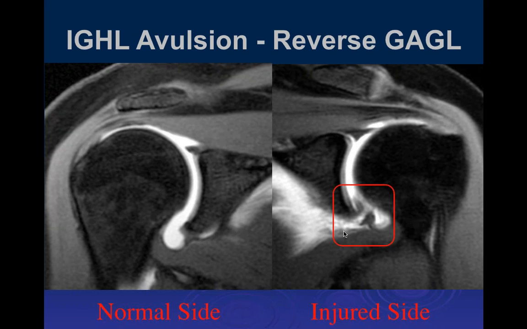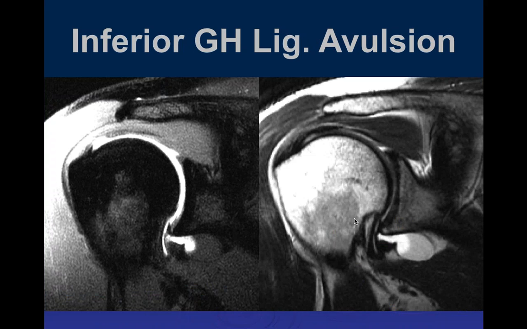So it's a reverse, or it's a GAGL. Yeah, glenoid. So this is a tear from the opposite side, not from the humeral side, but from the glenoid side, right?